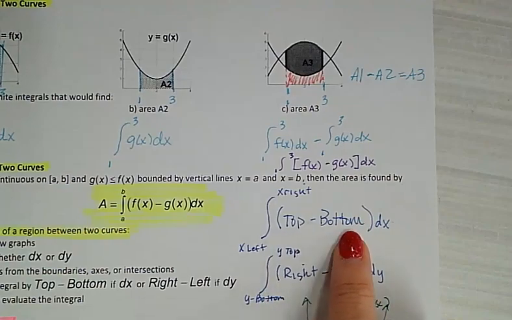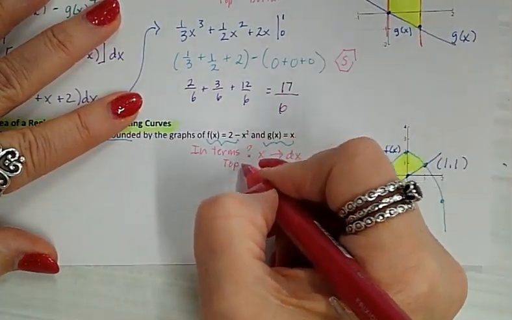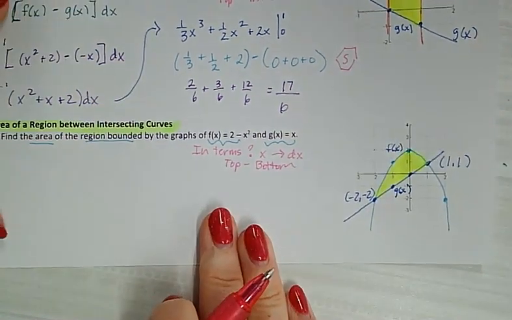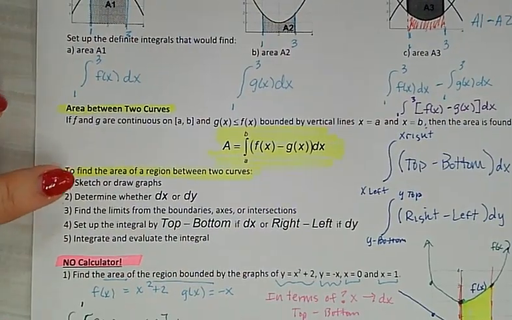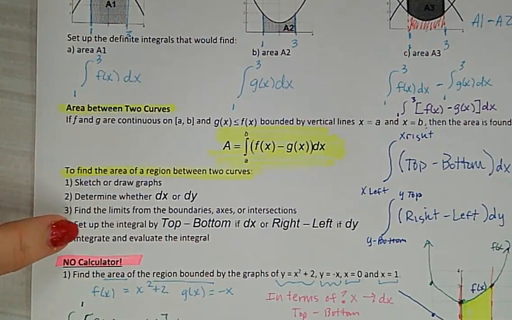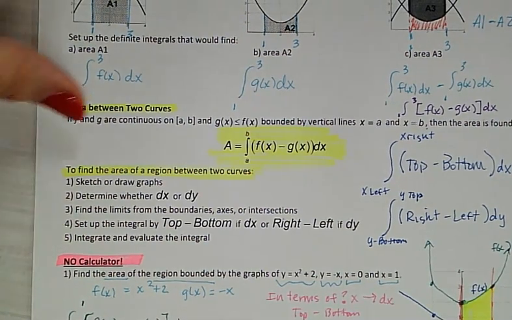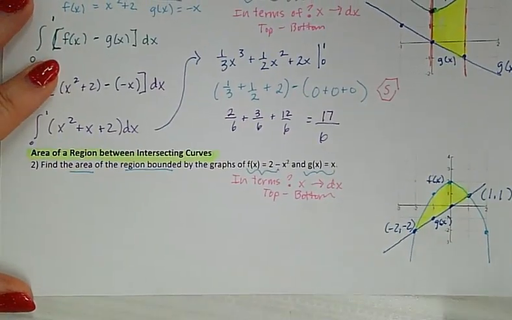And if it's a dx graph, remember we said it was going to be top minus bottom. So those are all the things that I would do before I started the problem. And that's kind of taking me through sketching the graph, determining which one it is, making note of which way I'm going to set up the integral, figuring out what the boundaries were. So it may not be in that exact order, but it's all of the things in that list.